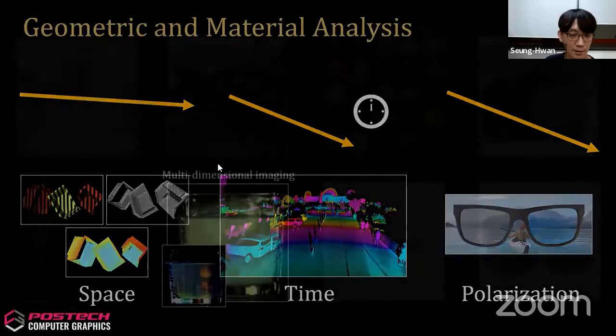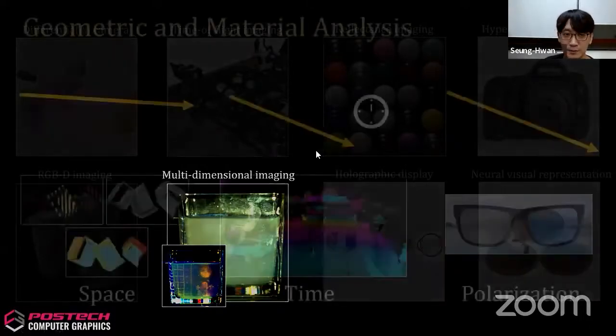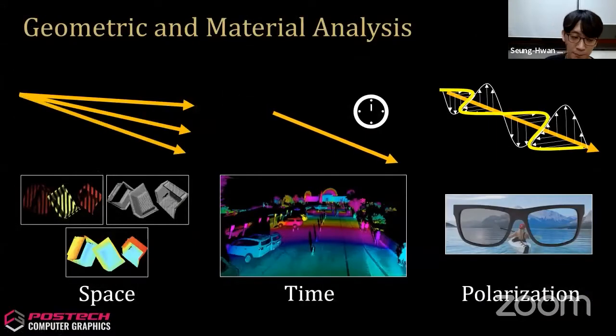Okay, let me now describe our final topic, which is the multi-dimensional imaging. As you saw in today's topic, I touched the different aspects of light transport, right? It could be the spatial light transport or temporal light transport or polarization light transport. These are the fundamental dimensionalities of light.